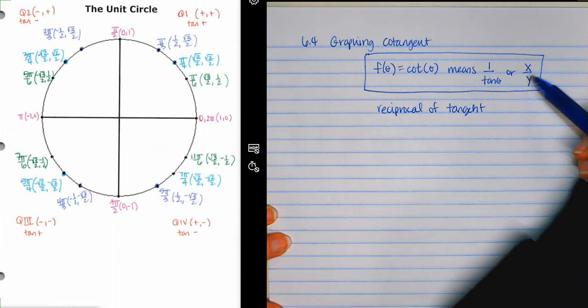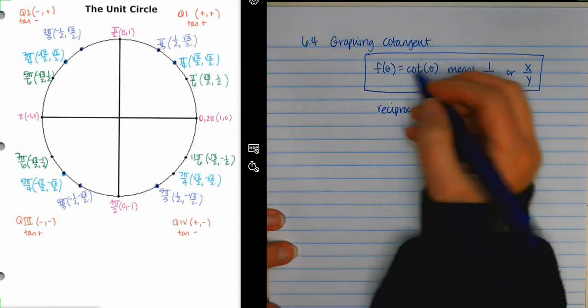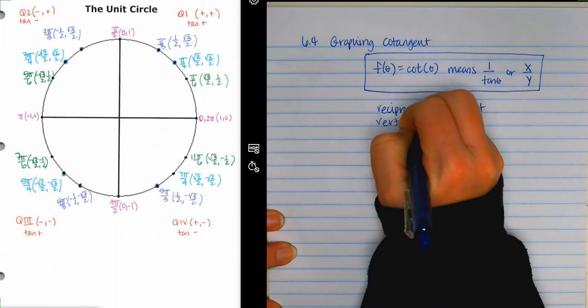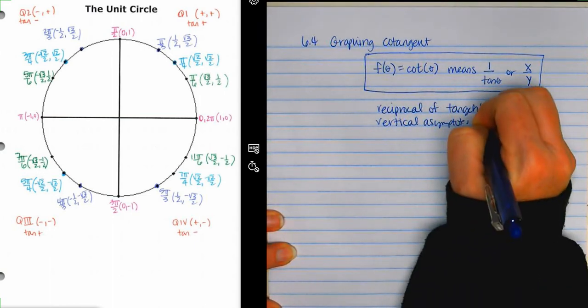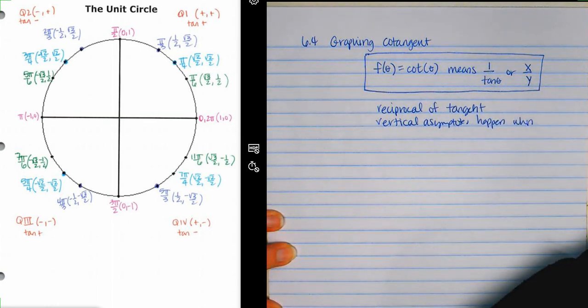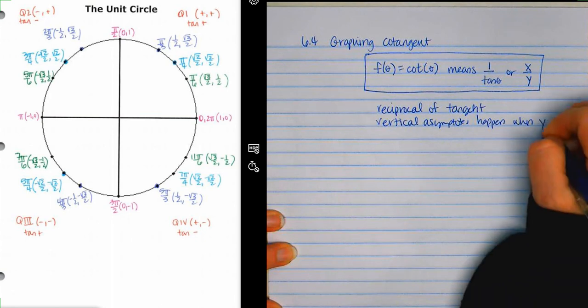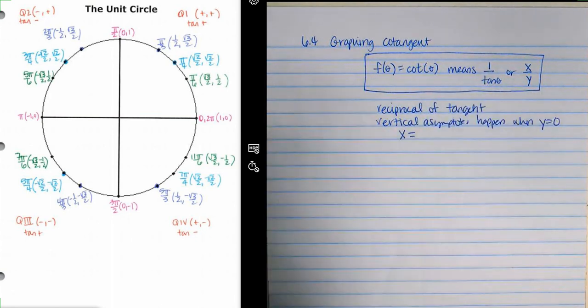You can use the same shortcuts when you think back to tangent. So looking at the unit circle, if it is x over y, the vertical asymptotes happen when y equals 0.